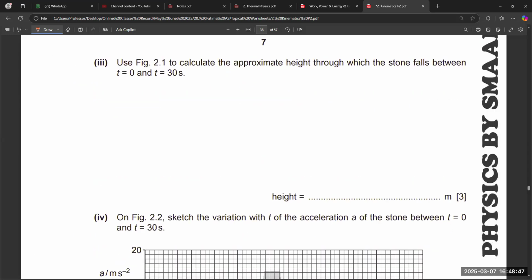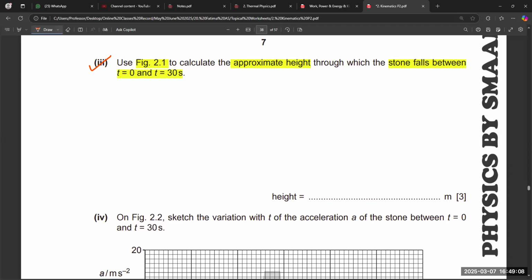Now, this is a different type of question. Question number 3. Use figure 2.1 to calculate the approximate height through which the stone falls between this time duration. Now they are talking about approximate height. Why approximate height? Because the graph is curved.